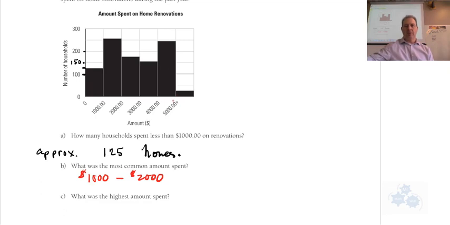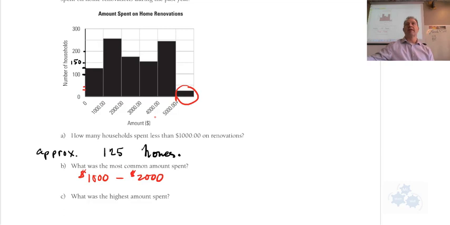This is exactly $5,000 right here. See that? So we have a number of households that spent more than $5,000. We can tell how many households spent that much money. It's going to be about this high, so maybe 35? Maybe about 35 houses spent more than $5,000.